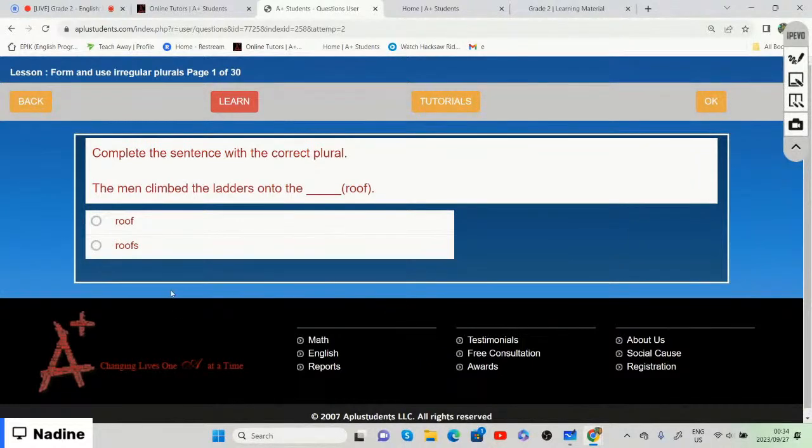So the men climb the ladders onto the, is it roof or roofs? Roof or roofs? All right, so which means that we're going to say onto the roofs, right? Because it shows more than one.